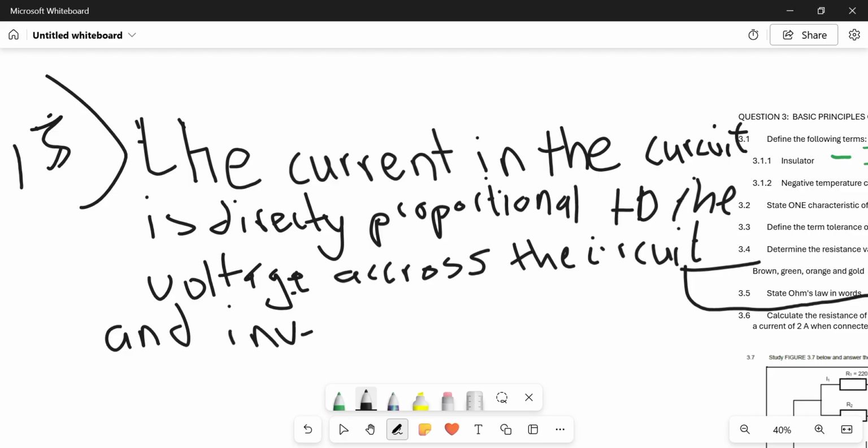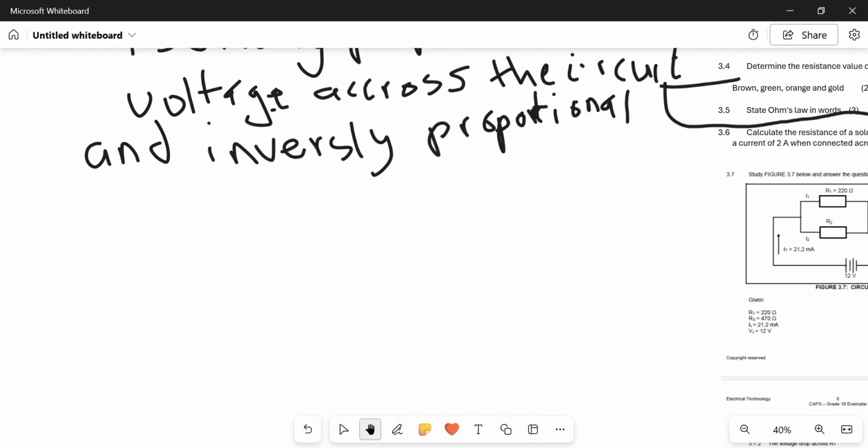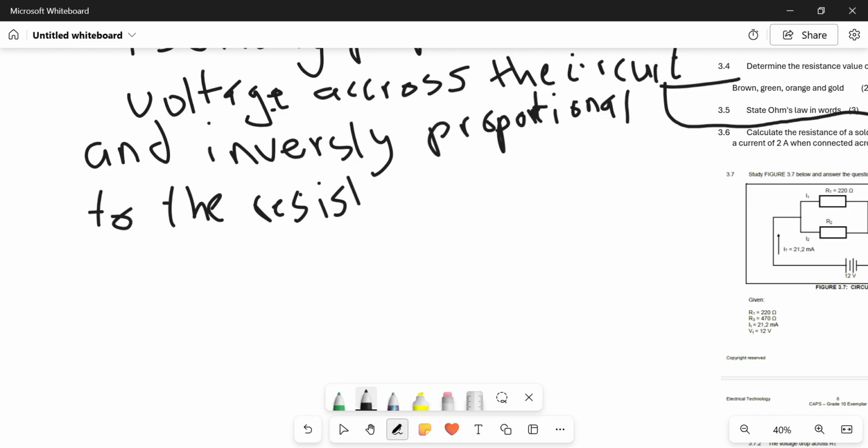And inversely proportional to the resistance of the circuit.